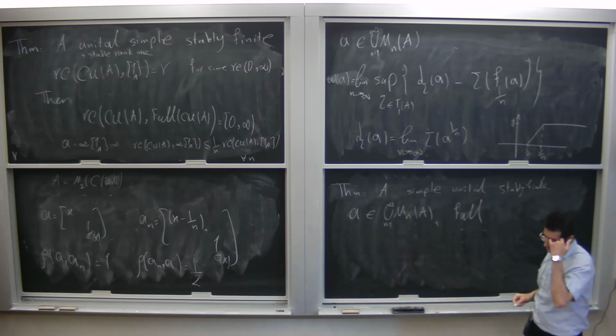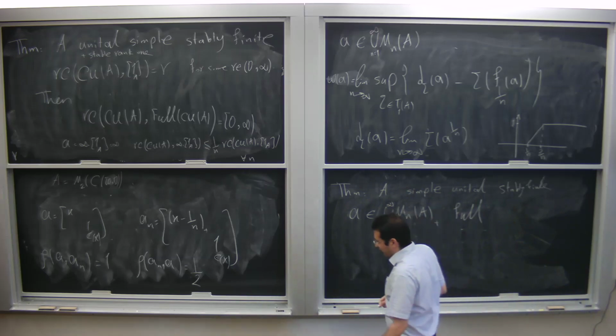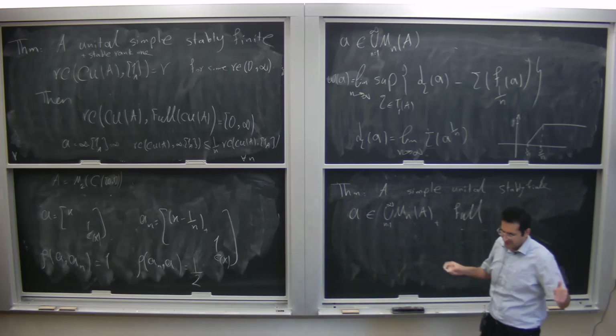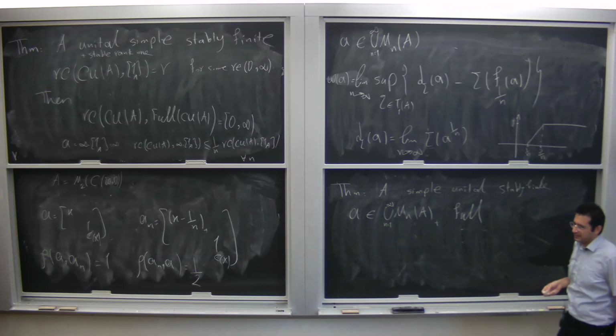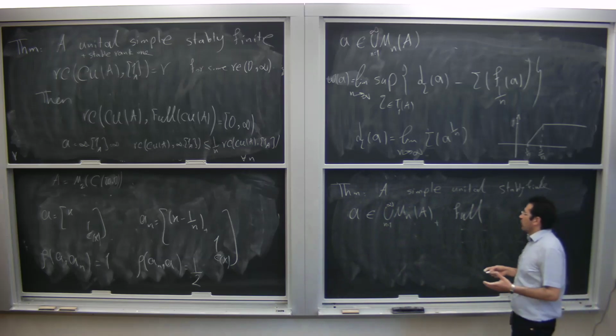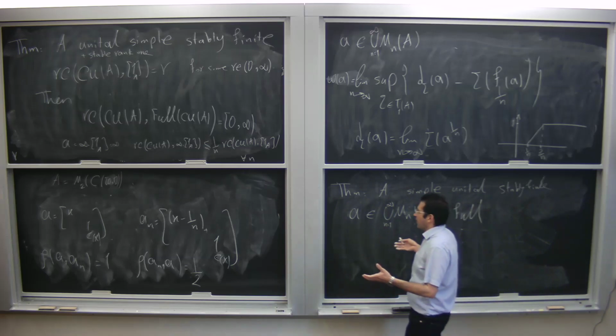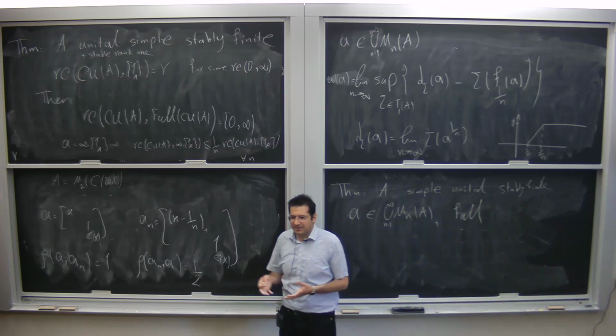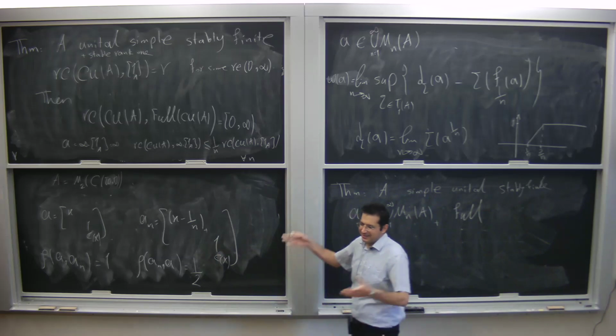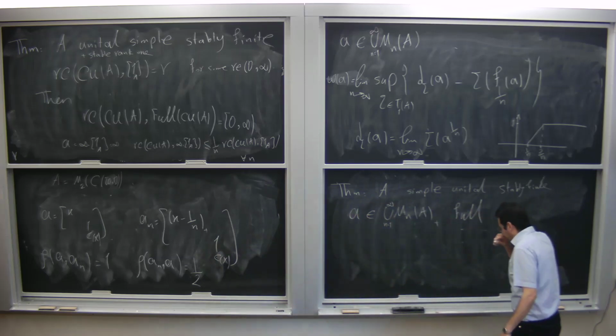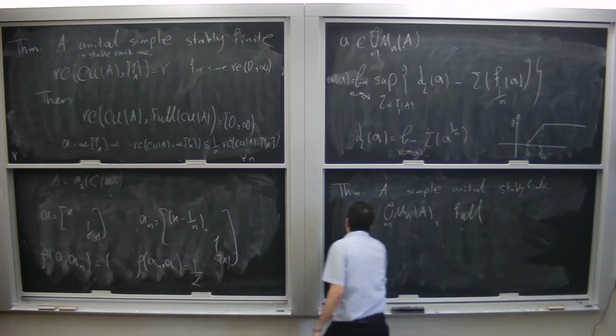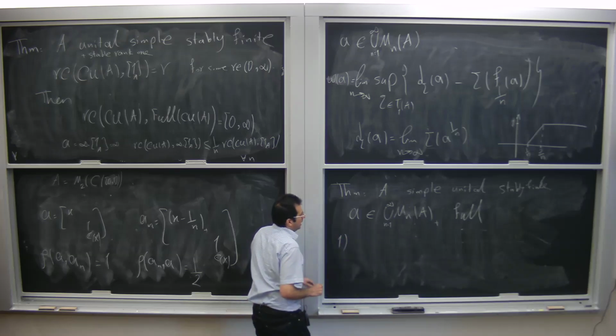But the original definition was given in your paper with Zhuang Niu and someone else. They provide some connections between oscillation zero and stable rank one and stability and so on.